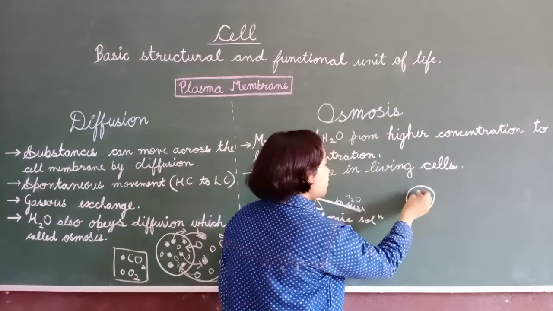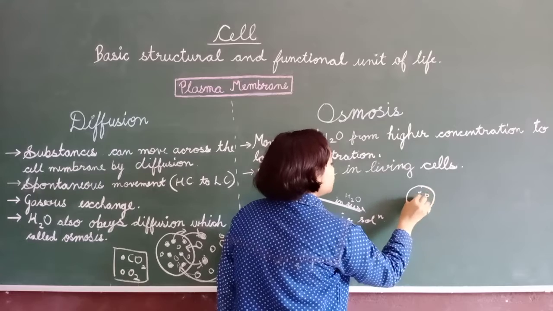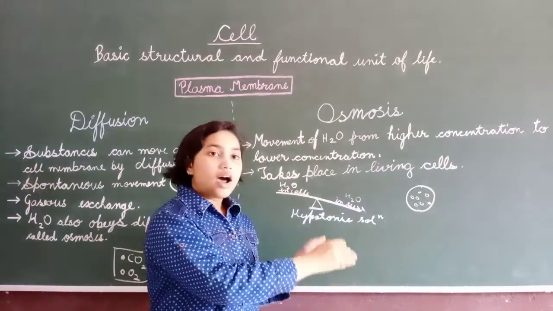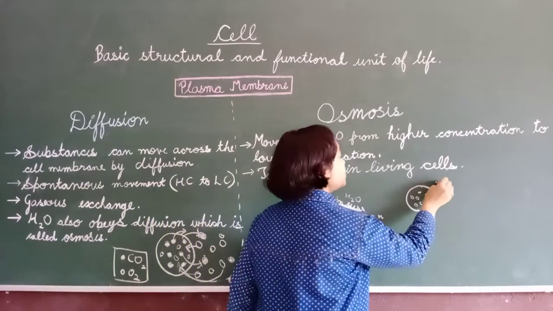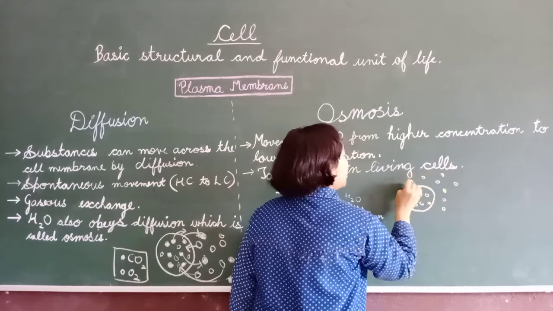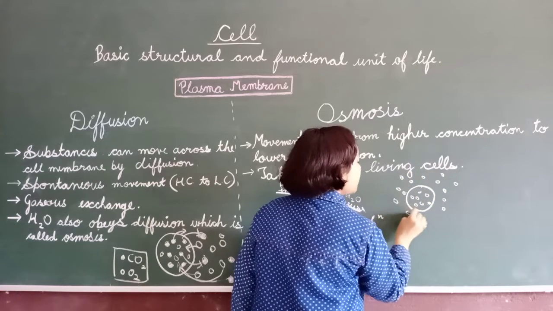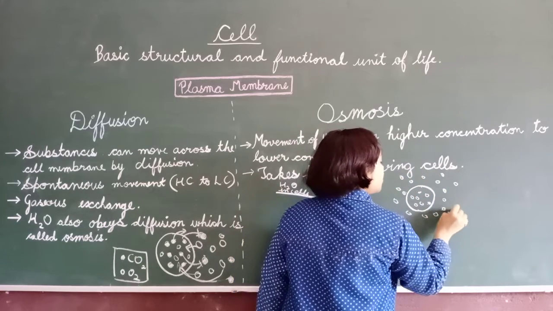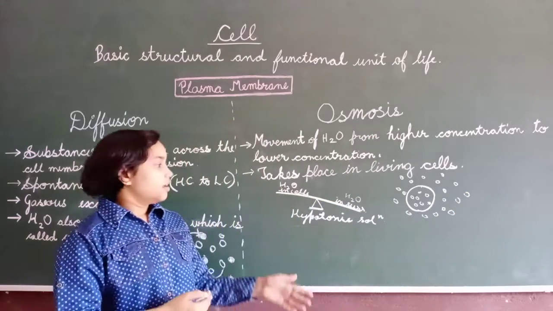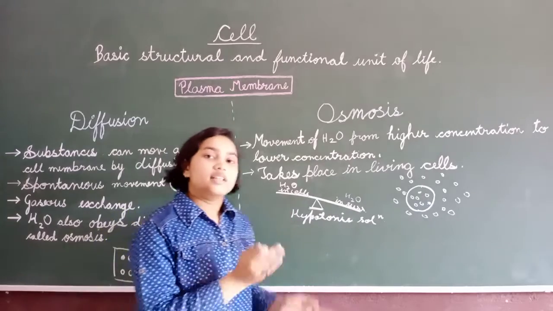This is the cell, and the water molecules in the cell are less than the water molecules in the surroundings. The surroundings have water molecules in a large amount. So the concentration of water in the surroundings is higher than in the cells.